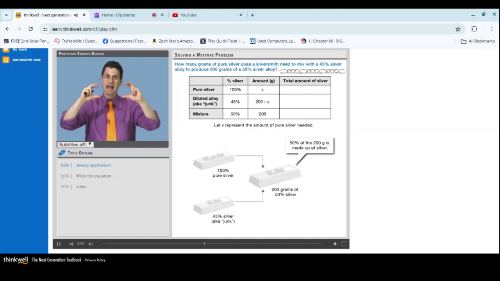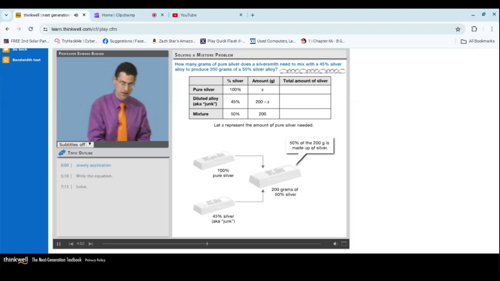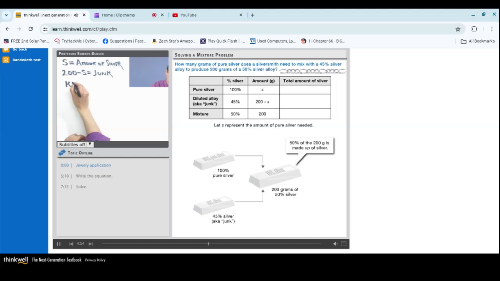Half of it. There's 200 total, 50% of it is junk, which means 50% of it is the good stuff. So we know there's 100 grams of pure silver. Look at how I'm using all that information together. This is a little tricky. You've got to think about it. We know there's 100 grams at the end of the day of good stuff.